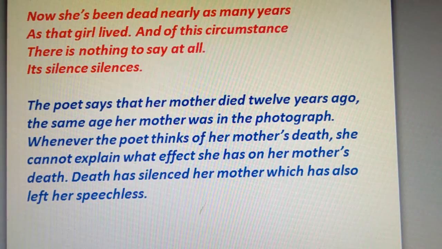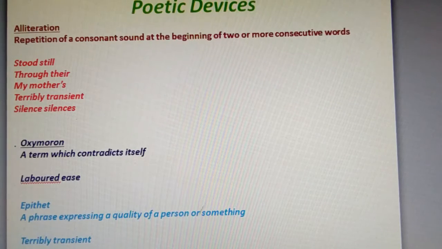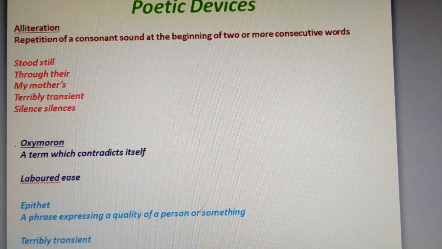The next stanza. Right? Now see the words and the meanings. Look at the poetic devices used in the poem. Alliteration, oxymoron, epithet.